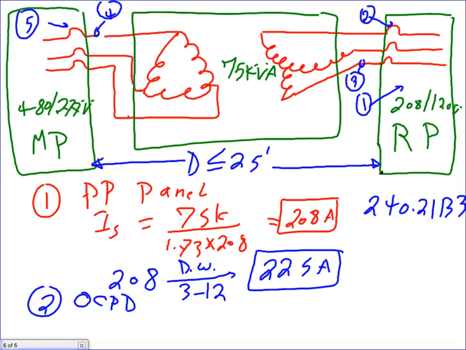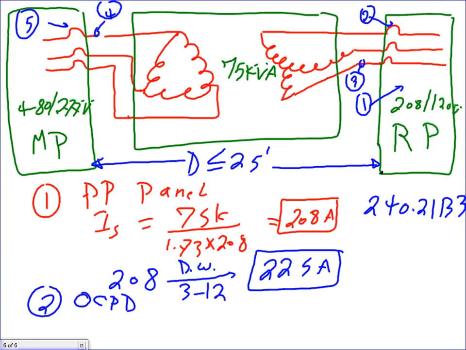Is it or not? This number 2 could be considered the secondary overcurrent protection device only if it's right next to the transformer. If it's not right next to the transformer, it's not the secondary protection. If I move 10 feet from the transformer and put my overcurrent protection device there, that's not my secondary protection. That's the panel protection.